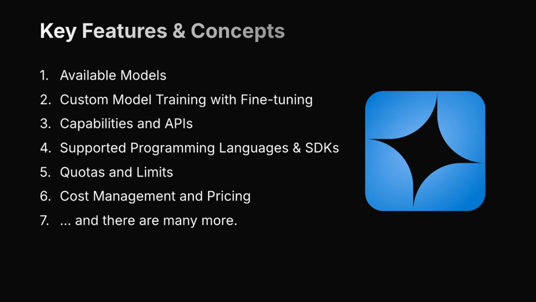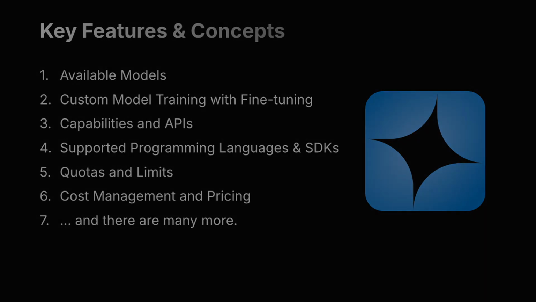Fourth, supported programming languages and SDKs. Fifth, quotas and limitations. And the sixth one, cost management and pricing. And at the last, there are many more and we will explore them as well. Awesome! Ready to explore each of these in more detail? Let's dive into them one by one.